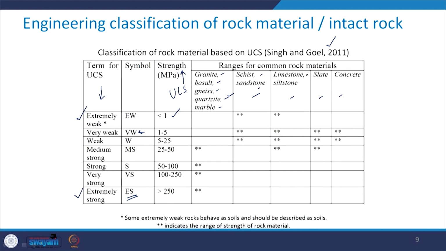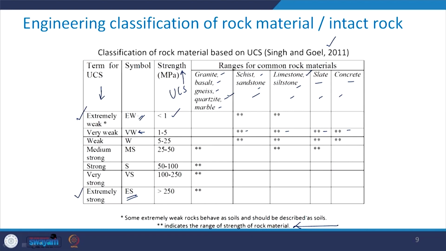Third has limestone and siltstone, followed by slate, and then finally the concrete. So, in the category of extremely weak, generally schist, sandstone, limestone and siltstone, their UCS is in such a range that they will fall under this extremely weak category. Wherever these two stars have been given, that indicates the range of strength of the rock material.